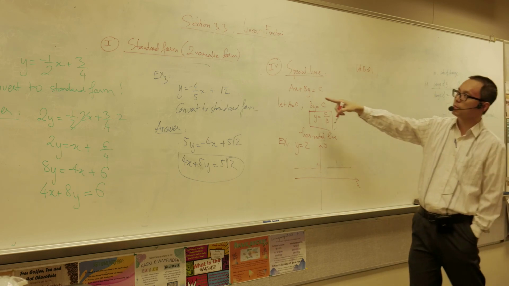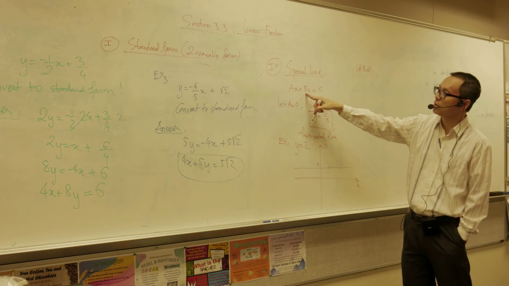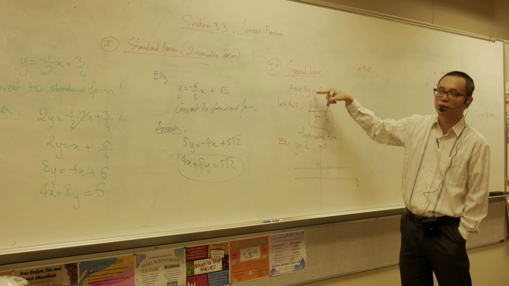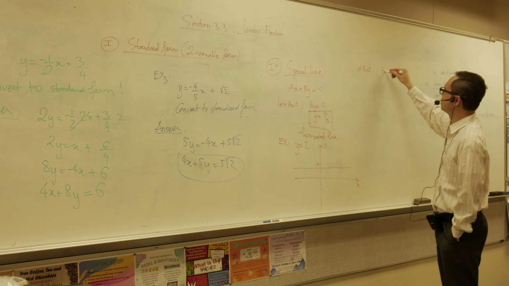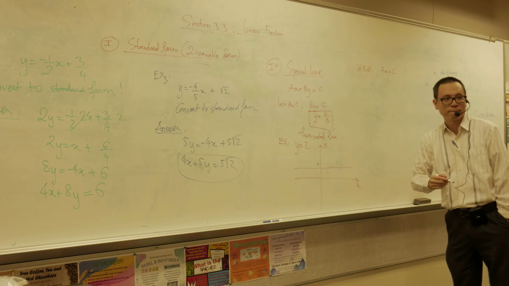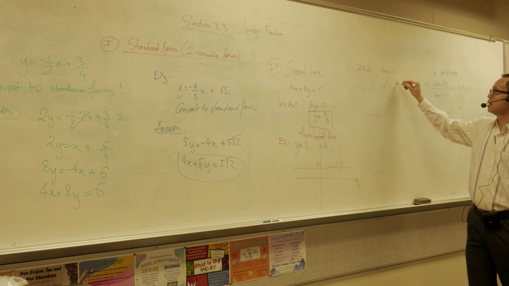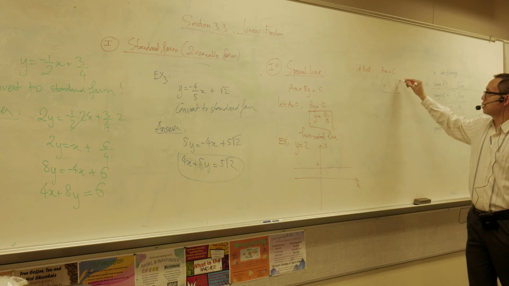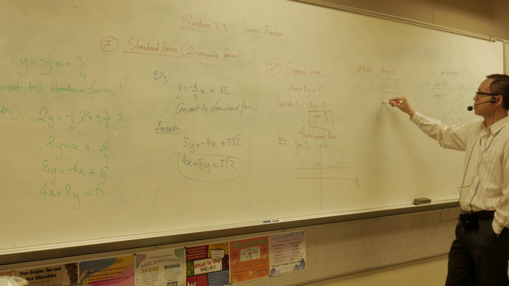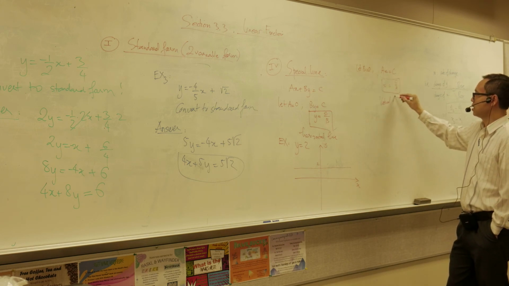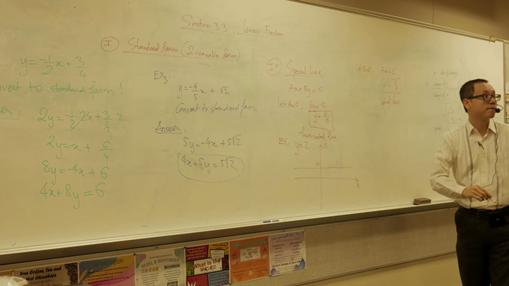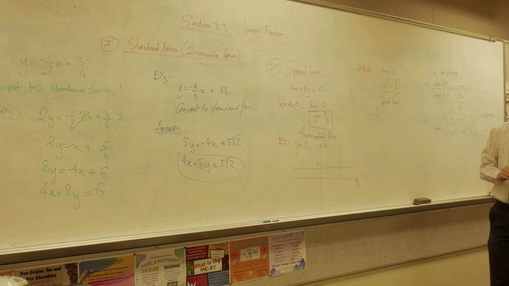Yeah, straight down, but let's plug in first. B equals 0, so the By term is gone, and you have Ax equals C. Then x equals C over A. So this is a vertical line.